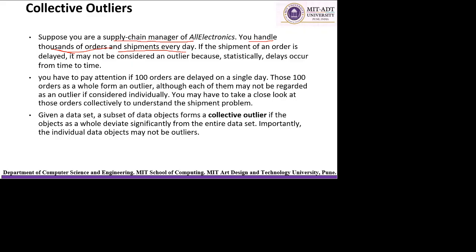If a shipment order is delayed, it is a normal case if one of the shipments is delayed. So it cannot be considered as an outlier because such kinds of delays occur from time to time.